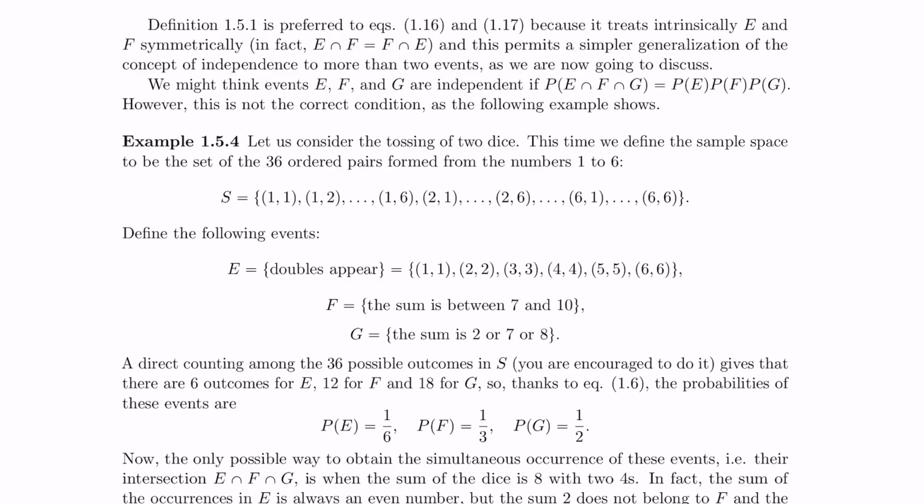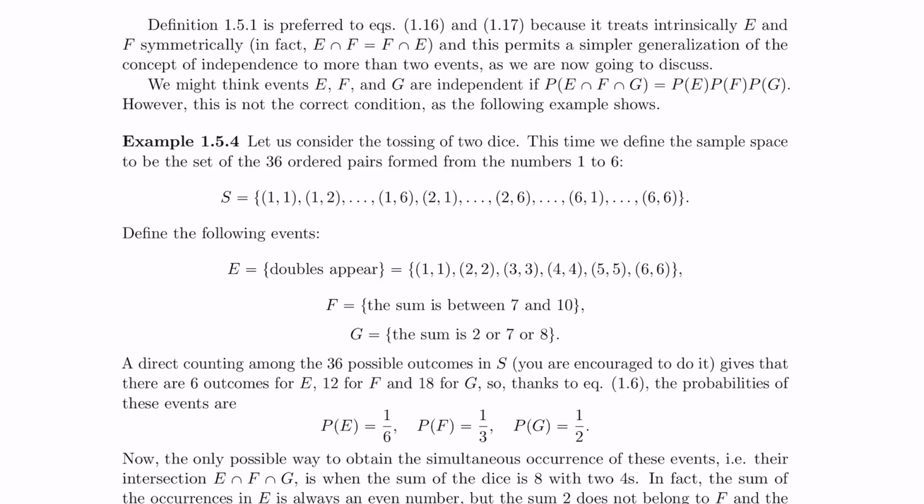You are strongly encouraged to check that there are exactly 6 outcomes for the event E, 12 for the event F, and 18 for the event G. So, using this equation, we can compute the probabilities of these events, obtaining 1 divided by 6, 1/3, and a half.